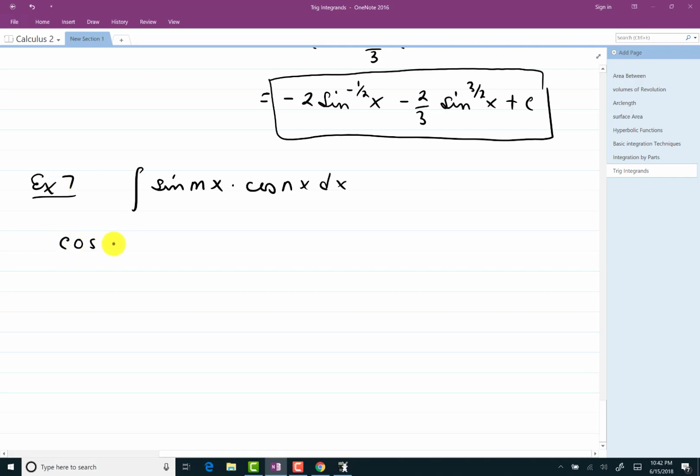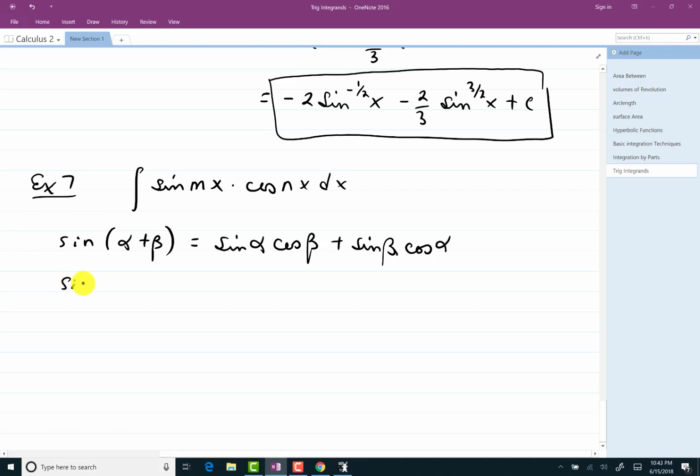Remember this formula, cosine of alpha plus beta. No, I want to mix sine and cosine, so we'll instead use sine. And that equals sine of alpha cosine of beta plus sine of beta cosine of alpha.